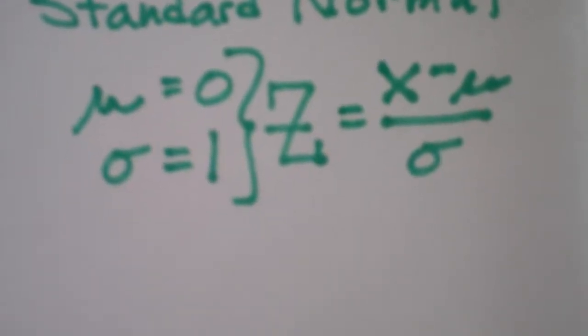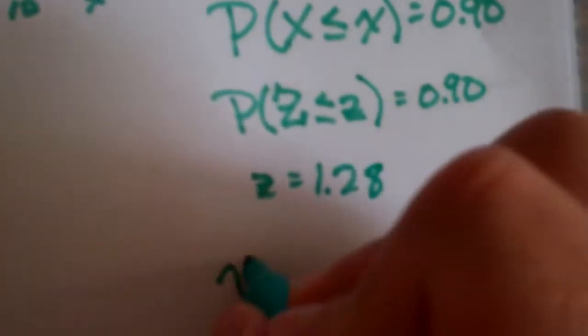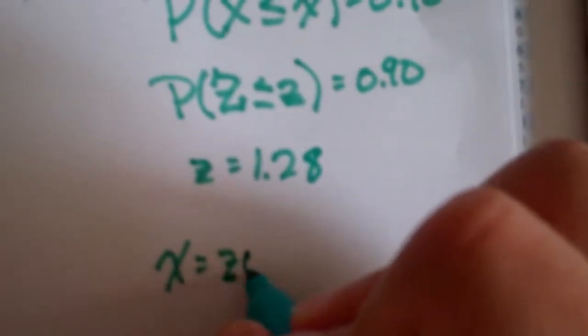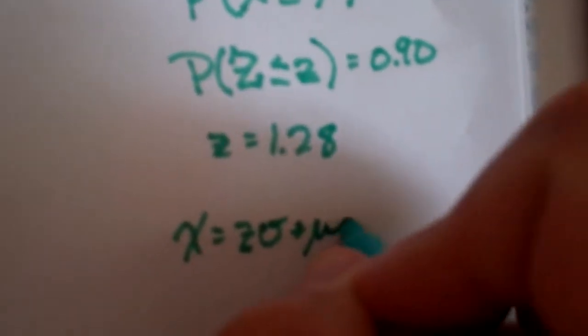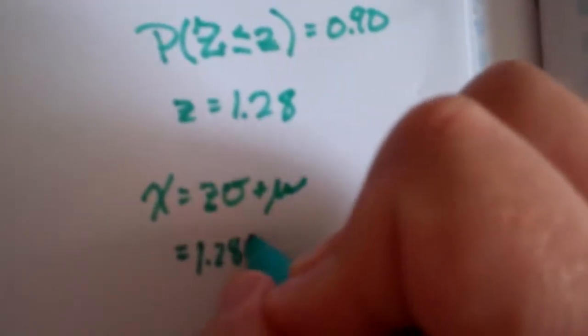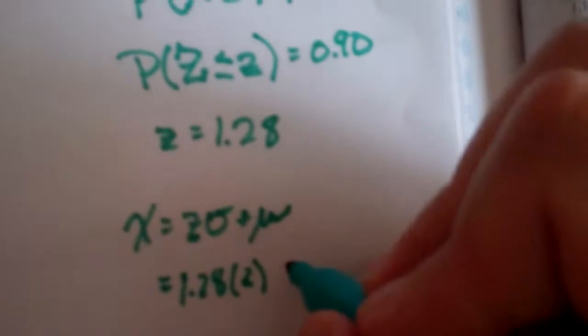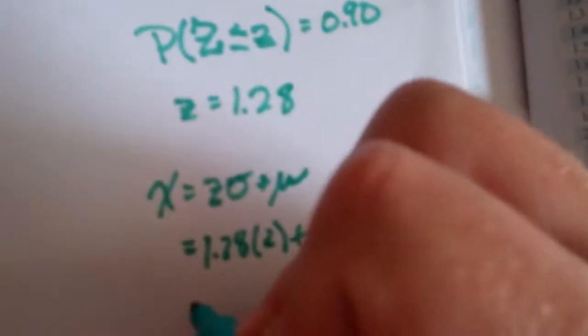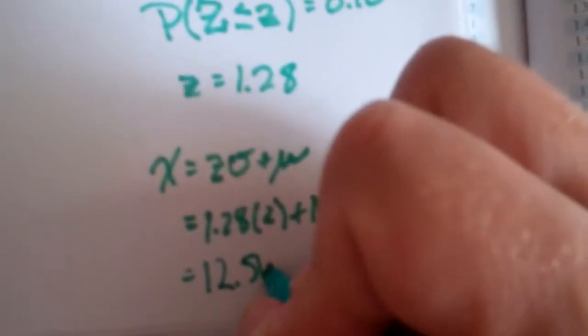If we apply our transformation again, and this time solve for x, we find that x is equal to z times sigma plus mu, and that's equal to 1.28 times 2 plus 10, which is equal to 12.56.